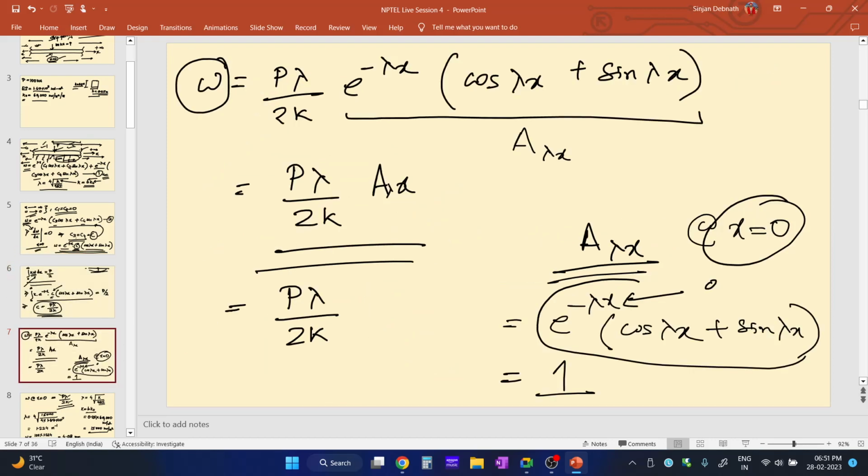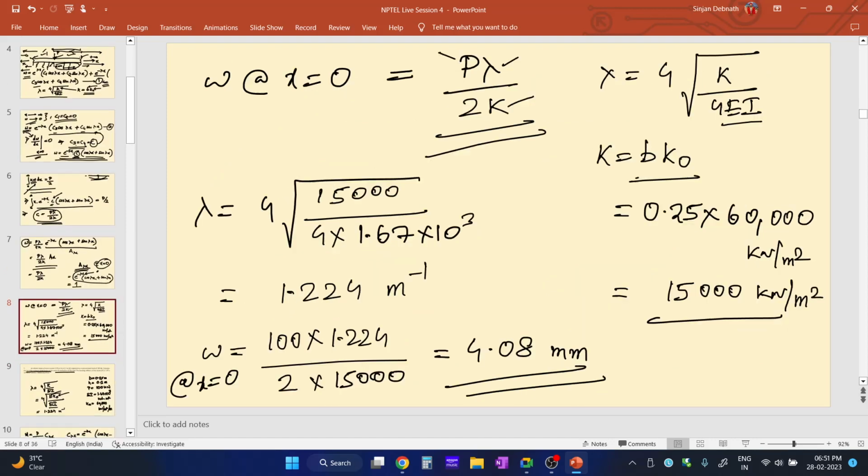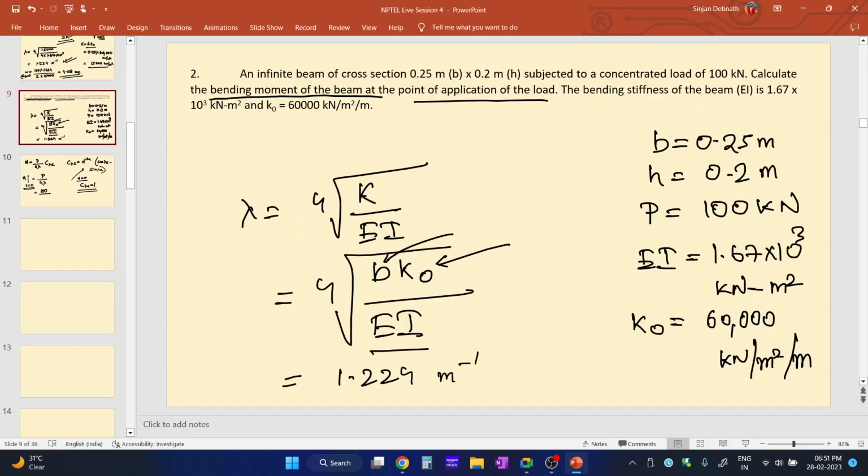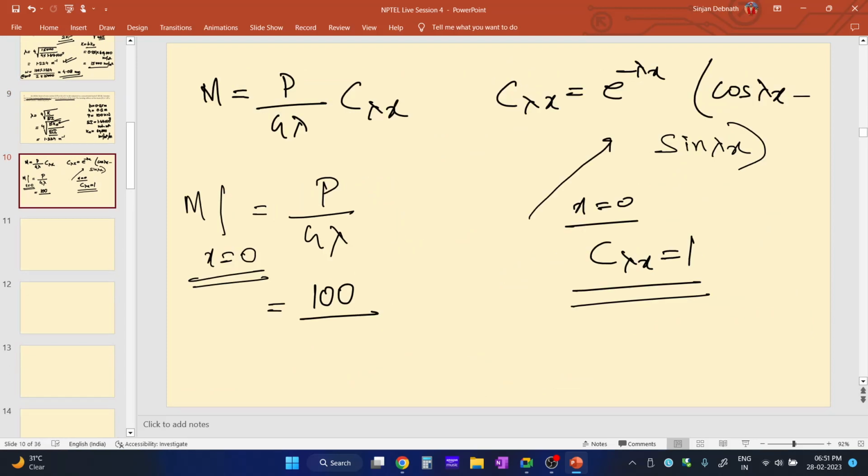So we put all the values: 100 by 4 into 1.224.